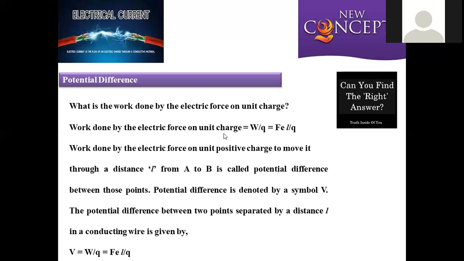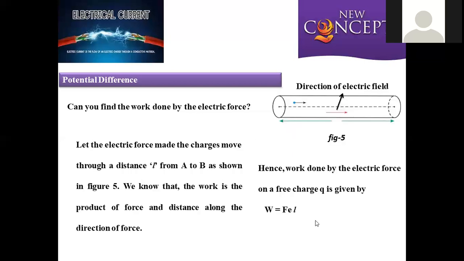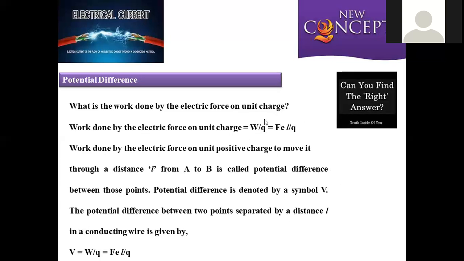Work done by the electric field on the unit charge is given by W by Q. This is given by Fe into L by Q, because we are dividing both sides by the charge Q, and if both sides are divided by Q, nothing will change. Just now we got the equation W is equal to Fe into L. Now both sides will be divided by Q: W by Q is equal to Fe L by Q.